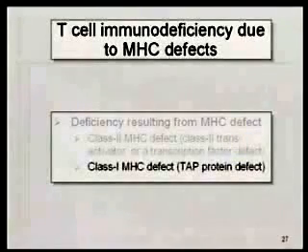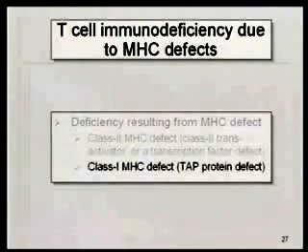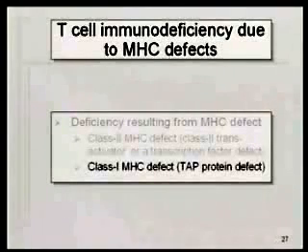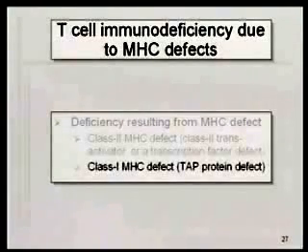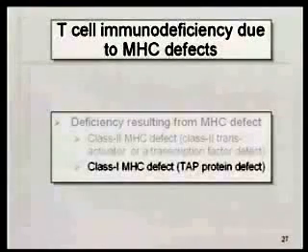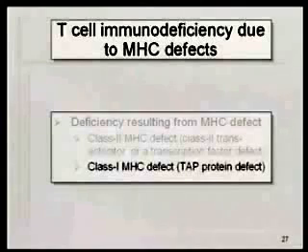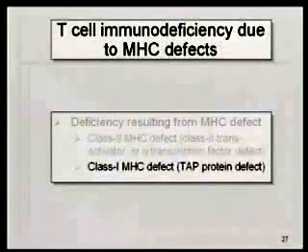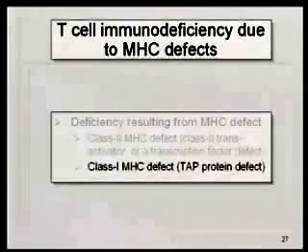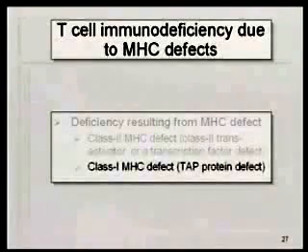In the case of class 1, there is a transport-associated protein that takes those cell peptides to the endoplasmic reticulum, where the protein is being synthesized. And if there is no transport protein, these peptides will not reach there. If the peptides don't reach there, the class 1 MHC molecule will not fold properly, and it will not be expressed either.